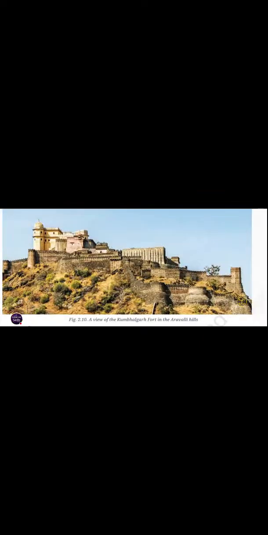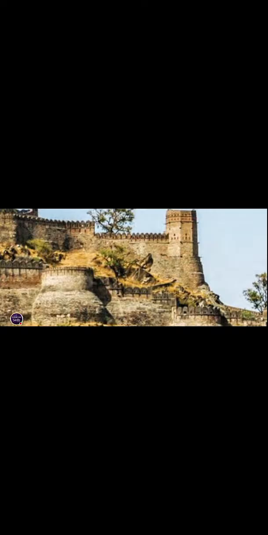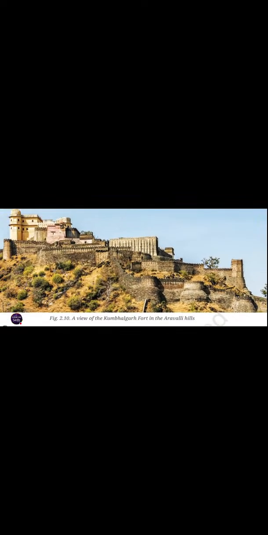If you see here, the main gate, this here, that is very much small. I think so. My suggestion, main door.